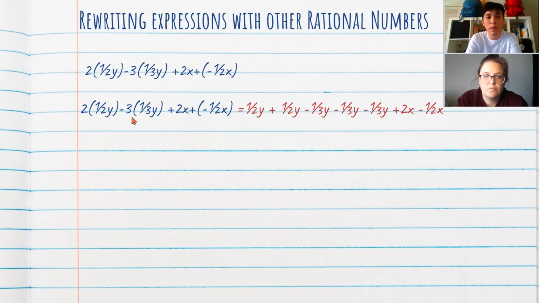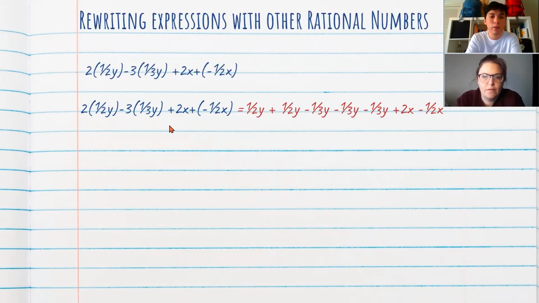And then we do minus 1/3 y, because we have -3 times 1/3. So we do -1/3 three times, or we just do minus 1/3 y minus 1/3 y minus 1/3 y. And then we just leave the 2x here. You could do x plus x, or you could just leave it as plus 2x. And then you would add the half x.